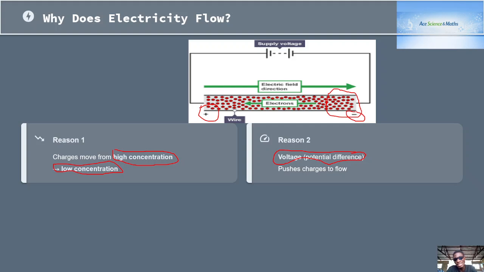Potential difference is basically the movement of charges from high concentration to low concentration, meaning that it's moving from a region where the electrons are high to a region where the electrons are few. And when the electrons are high, we said it is a negatively charged area or point. And moving to where the electrons are few, we say it is positively charged.